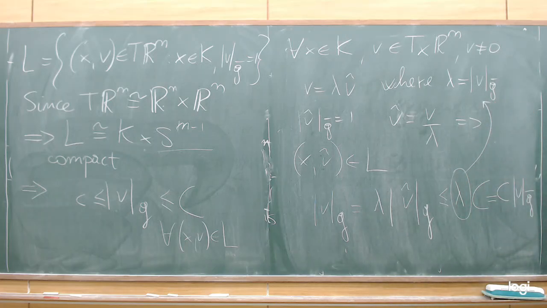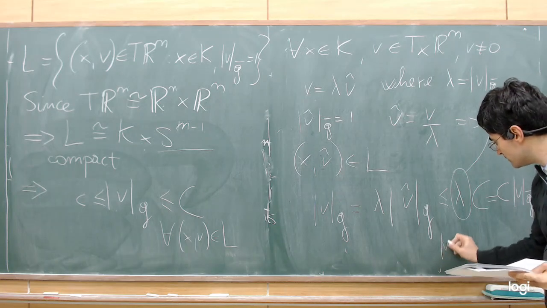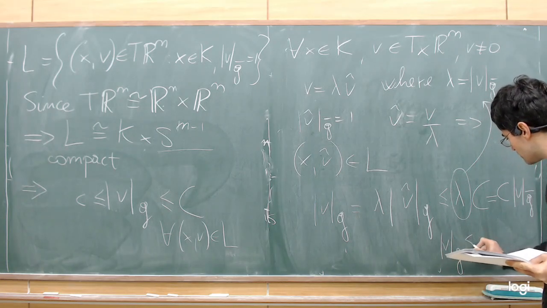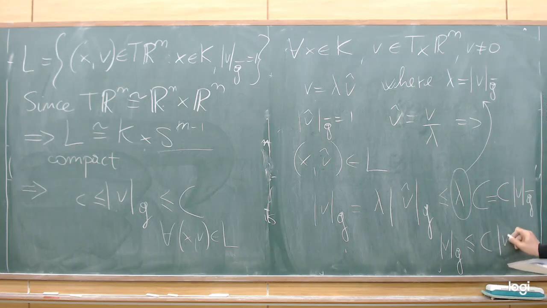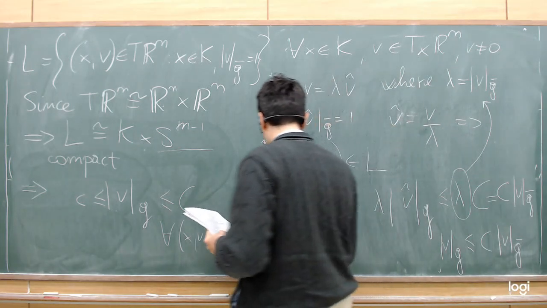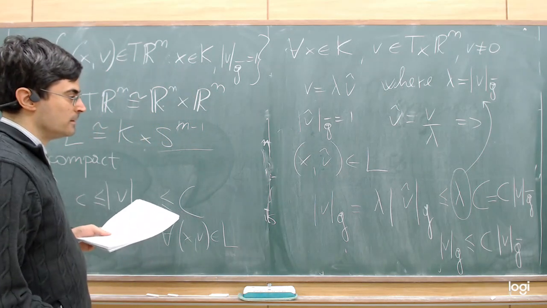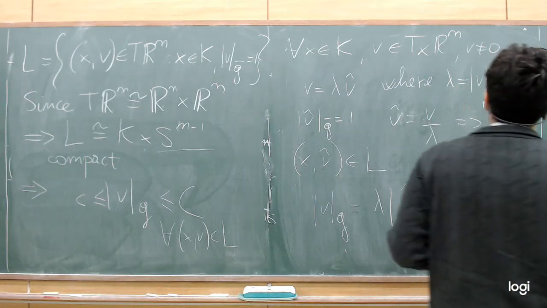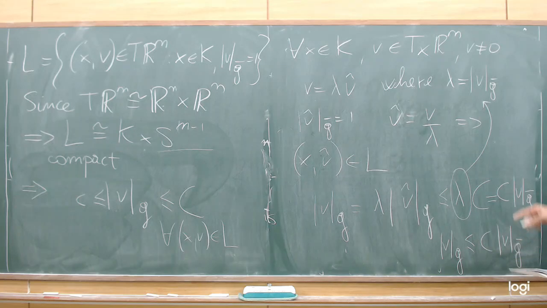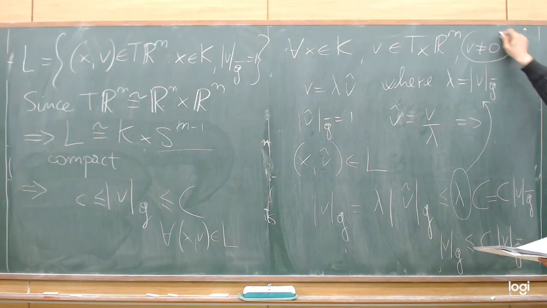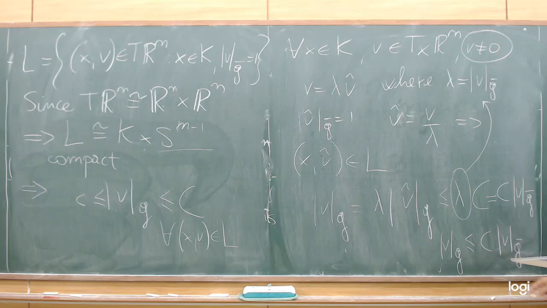So we proved that the length of v with respect to g is smaller or equal than C times the length of v with respect to g bar. This was a proof for the case where v is non-zero. It is clear that this is true also if v is 0.